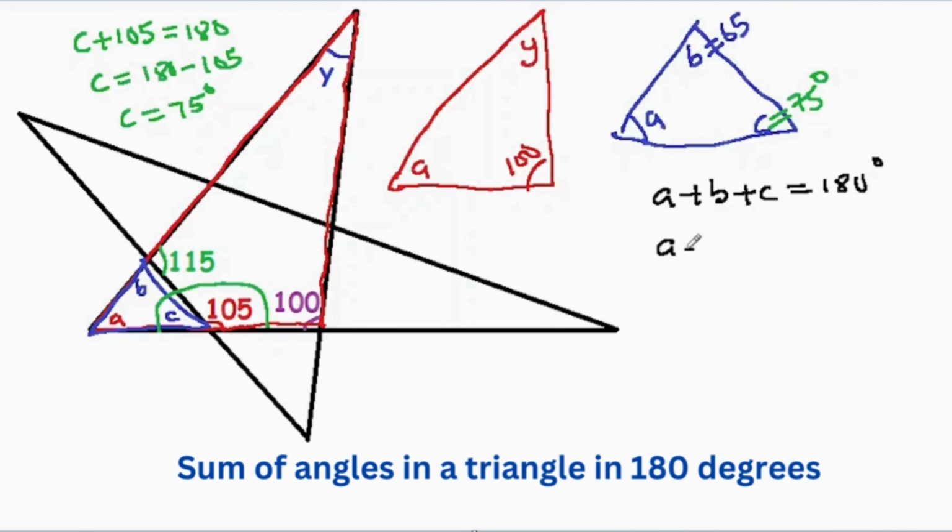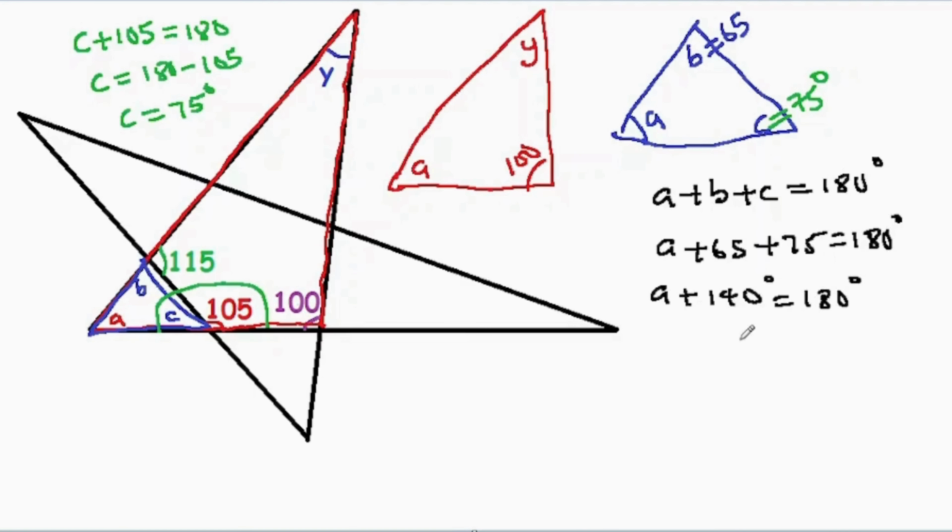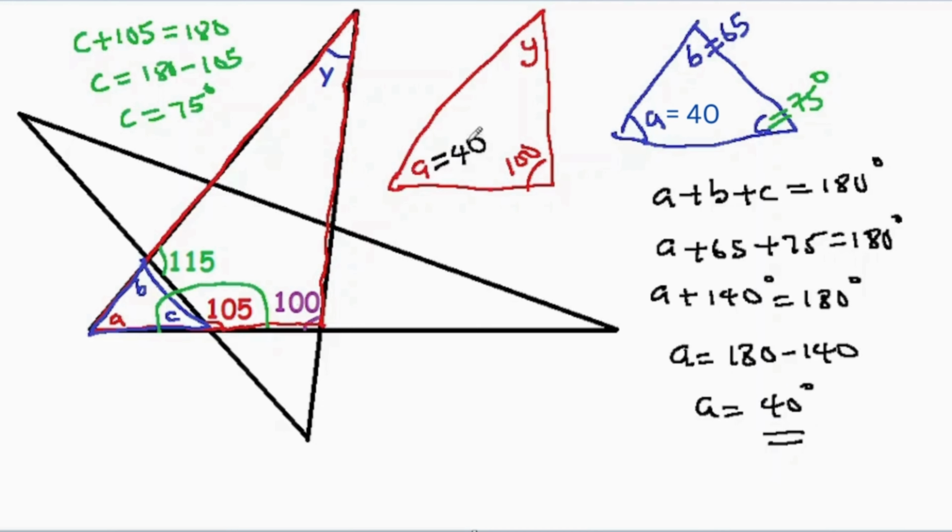B is 65, C is 75, so A plus 140 degrees equals 180 degrees. Subtract 140 from both sides, so A is equals to 180 negative 140. So A is equals to 40 degrees.